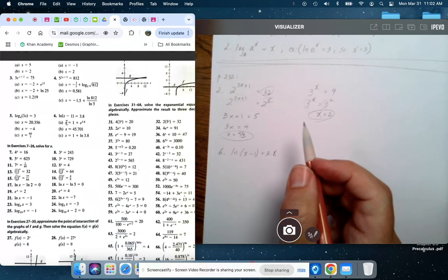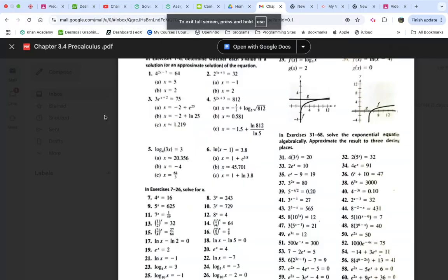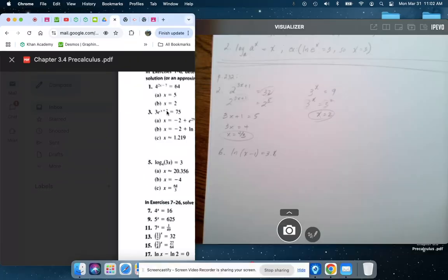All right, so the question is, is 1 plus e to the 3.8 a solution?